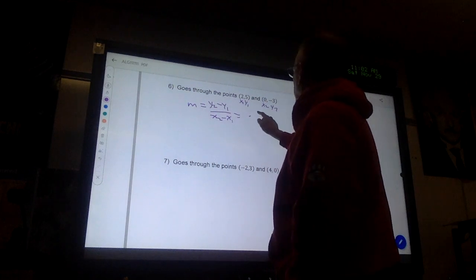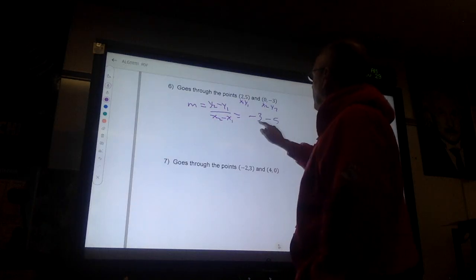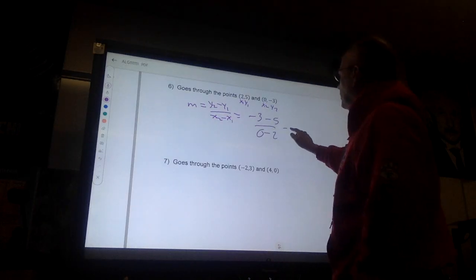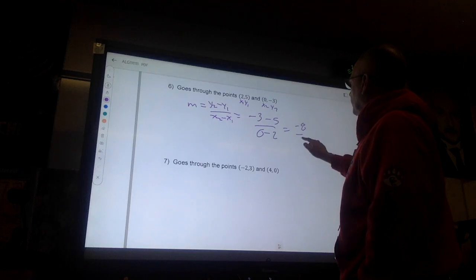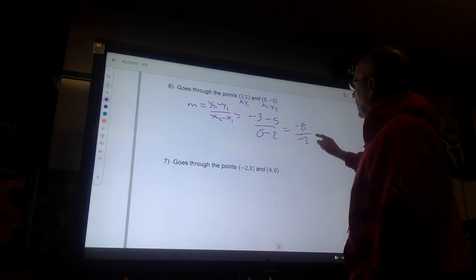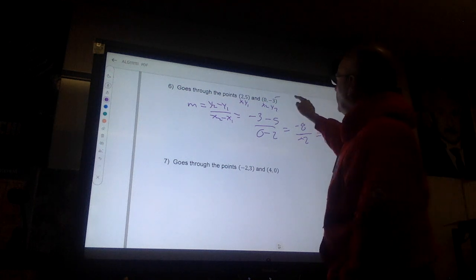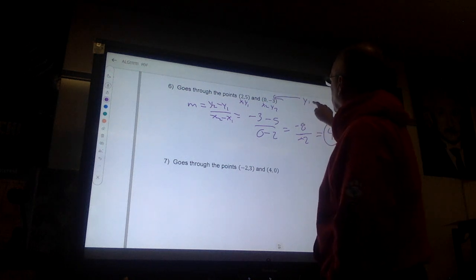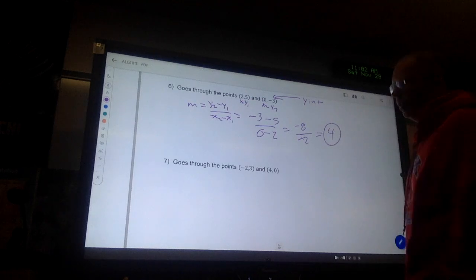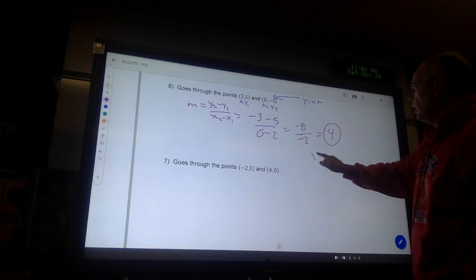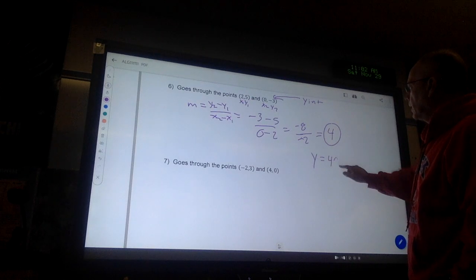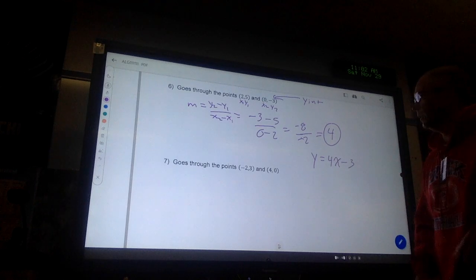So I'm going to get -3 minus 5 over 0 minus 2, which is -8 over -2. And that's going to be our slope, which is 4. And we already knew that this is the y-intercept. So we can just go ahead and plug that in. So I'm going to get y equals 4x minus 3 as our equation.